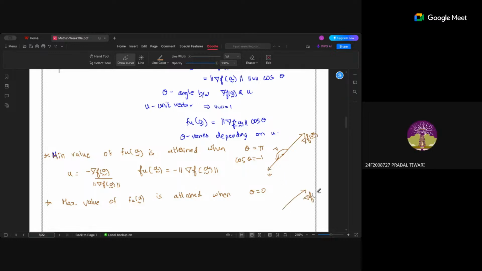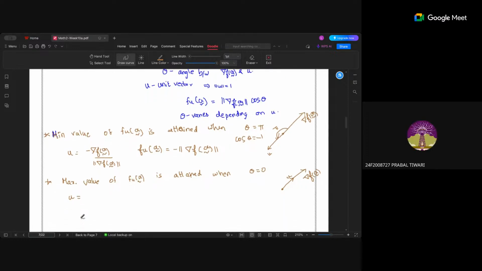So if this is your del f of a tilde, your u is either smaller or bigger in the same direction. So u and del f of a tilde are in the same direction. So how can you write u? Del f of a tilde upon norm of del f of a tilde.